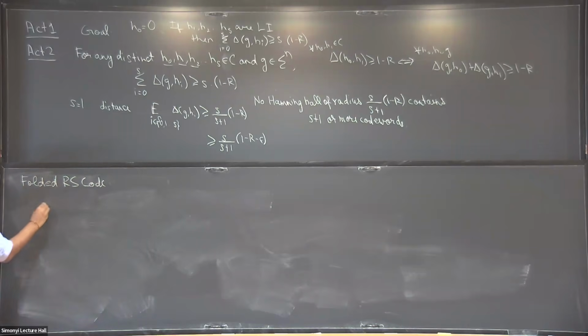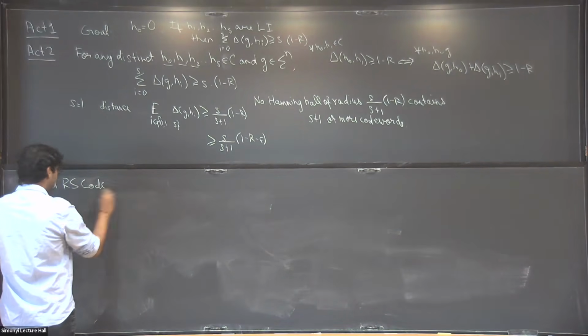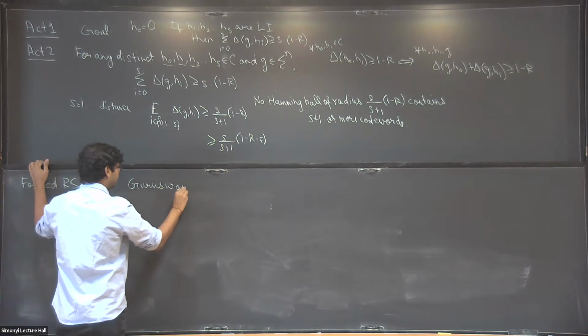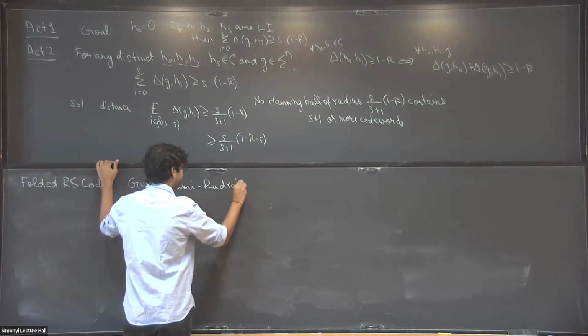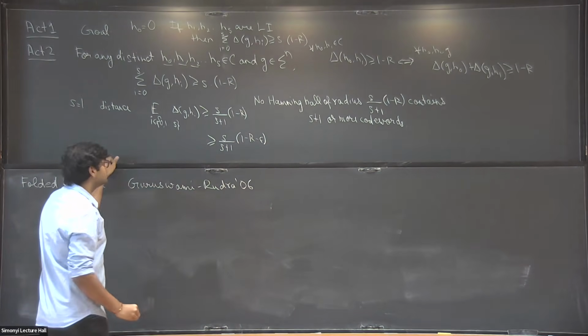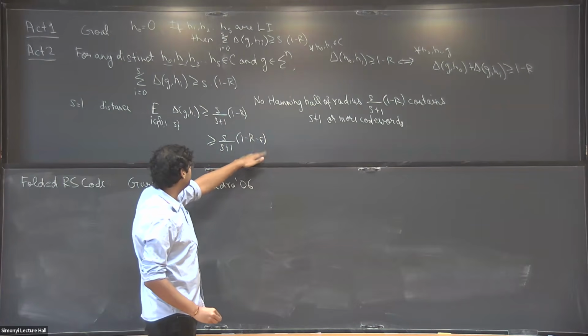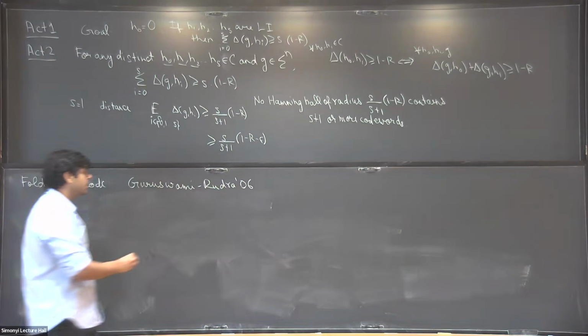So in the folded code, right, okay. So the folded code itself appeared in work that used this to get the ability to deal with Hamming balls of radius as close to 1 minus r as you want.